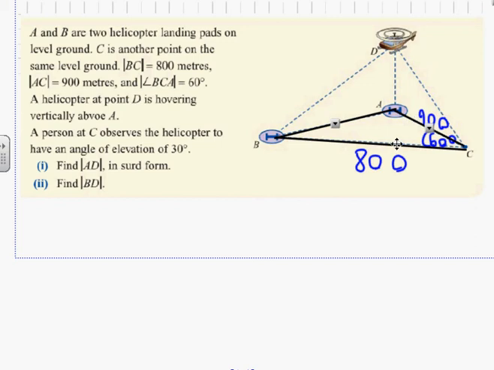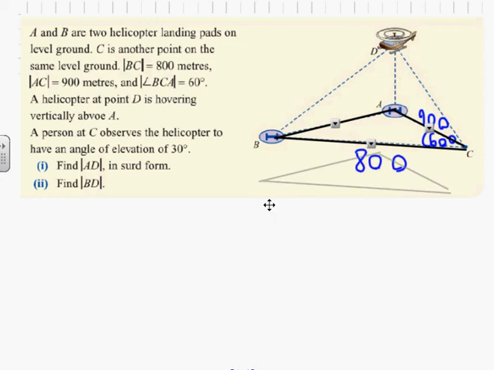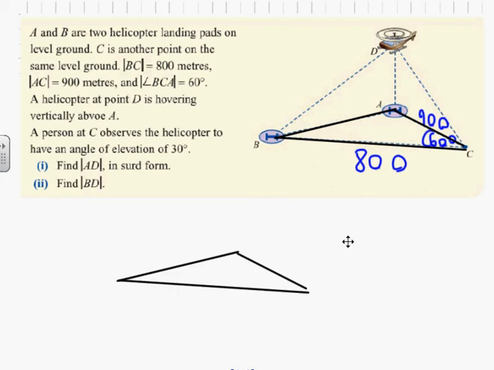There it is. That's the triangle BAC. It's on flat ground. It has 900 going this way, 800 going this way, and an angle of 60 degrees.